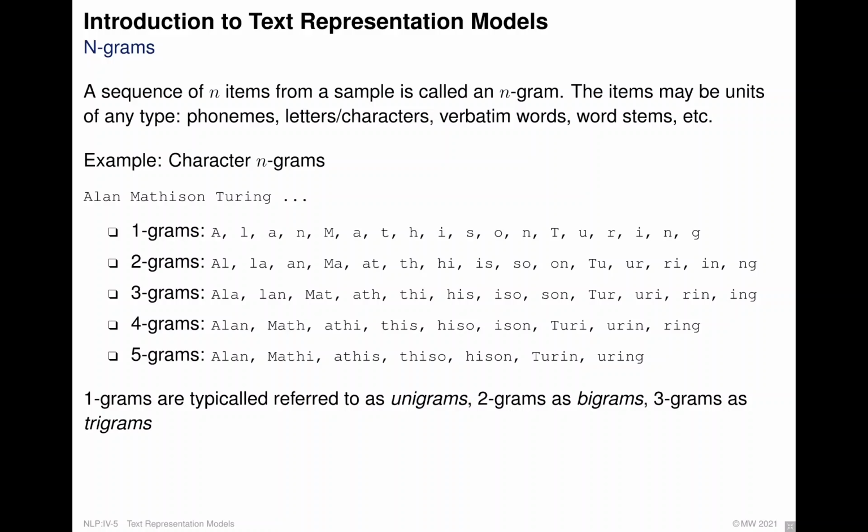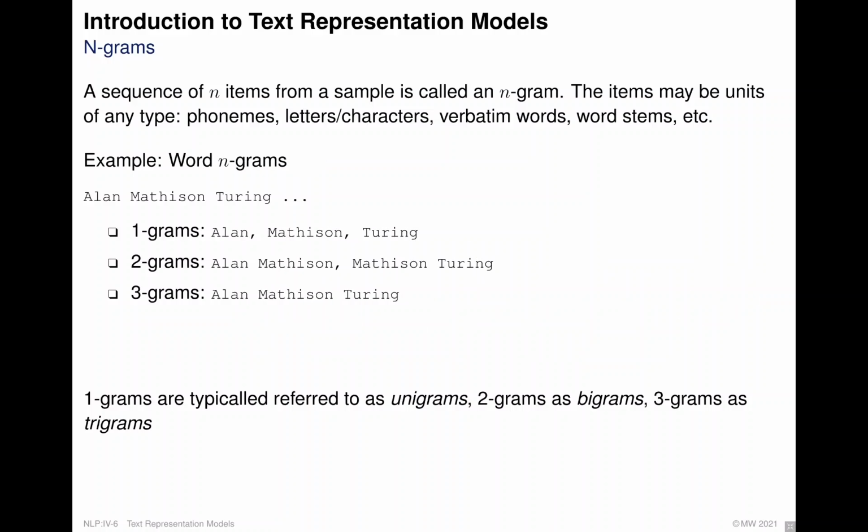This is rather self-explanatory. In language models, we are rather more interested in units at the level of words. So here are the word Ngrams for the same string, Allen Mathison Turing: unigrams, bigrams and trigrams.